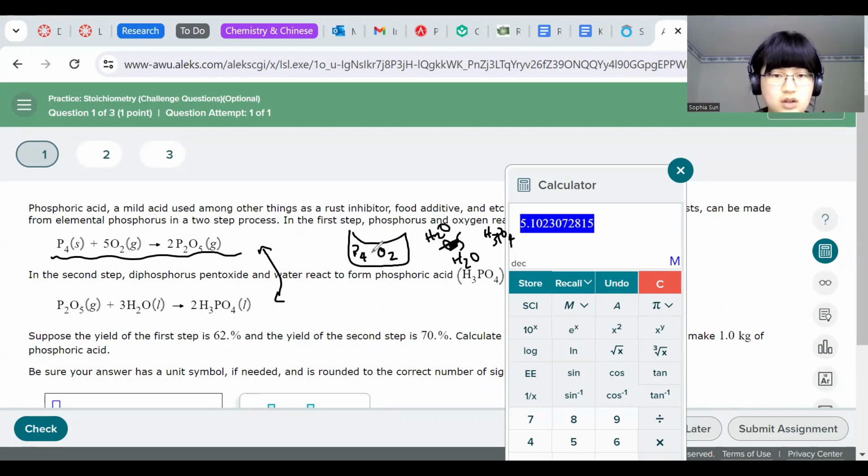So basically, oxygen will react with phosphorus to form the diphosphorus pentoxide. Sorry, I keep on writing it incorrectly. And then all of these will immediately go and react with the H2O to make H3PO4.